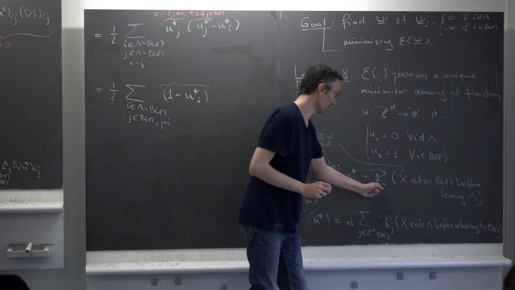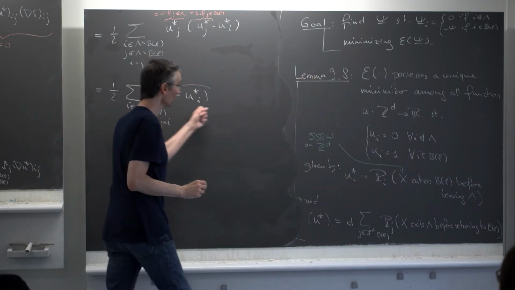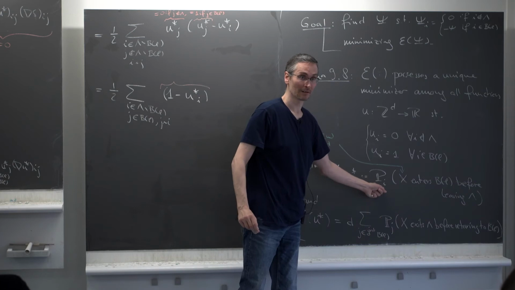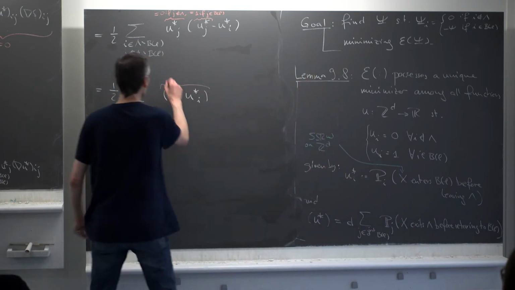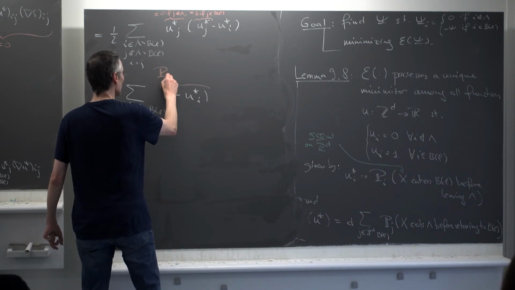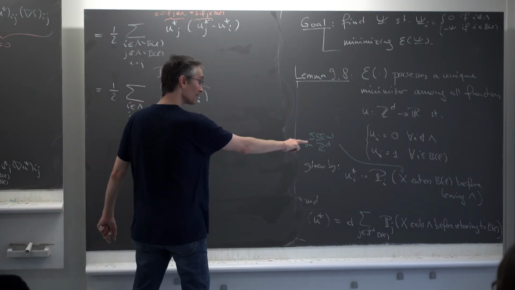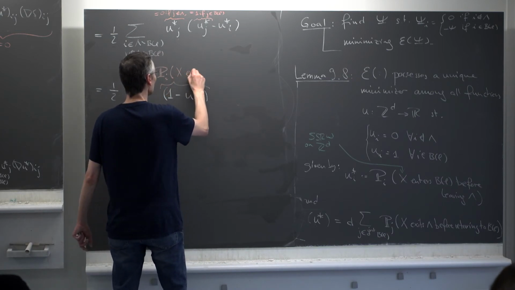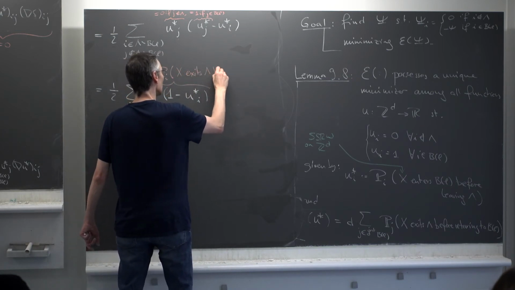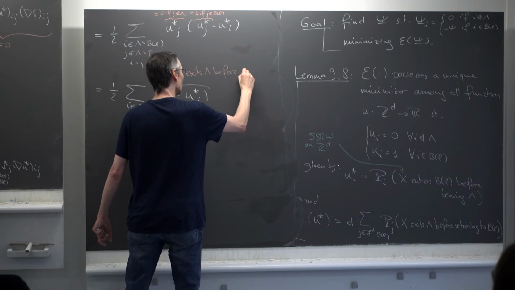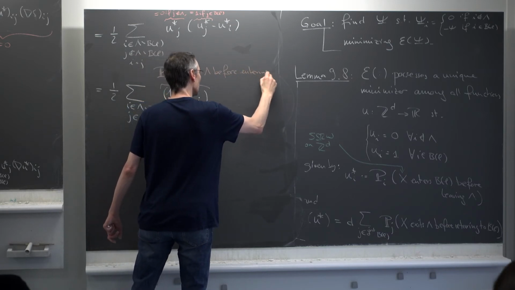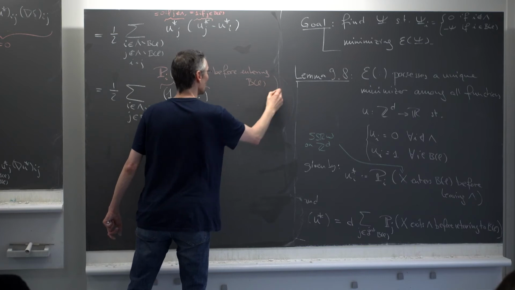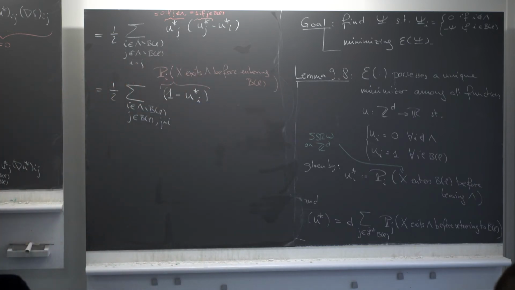It's still written here. Okay? So that's 1 minus this probability. 1 minus this probability is the probability of the complementary event. So that's just the probability, starting at i, that x exits Lambda before entering B_L. Not just this probability which is here. Okay. We are almost done.